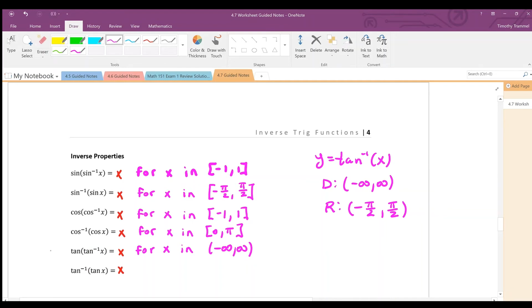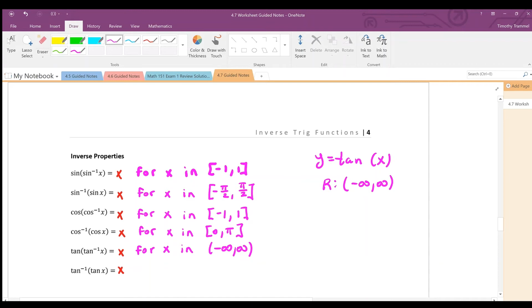Okay. And the next one we want to think about now, tangent, right? If I do tangent of x, what do my outputs look like? Well, if I take tangent of x, my outputs can be actually anything between minus infinity and infinity. Okay.